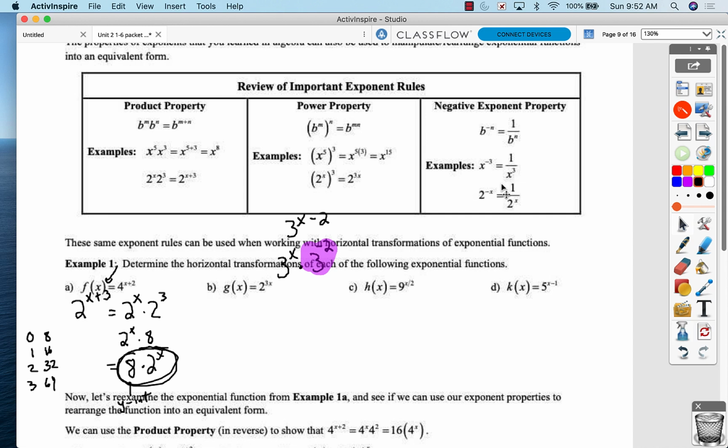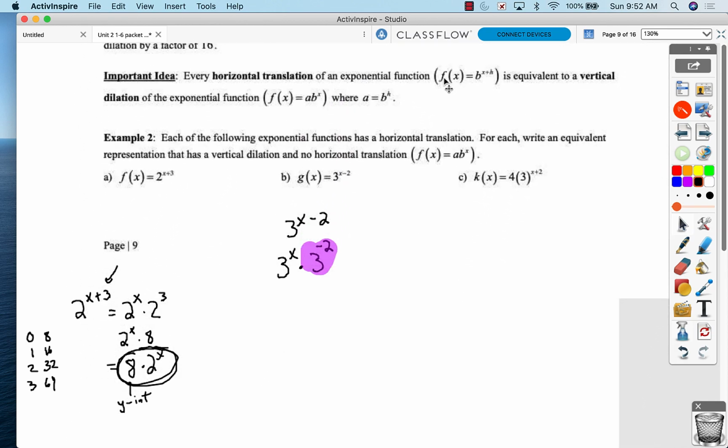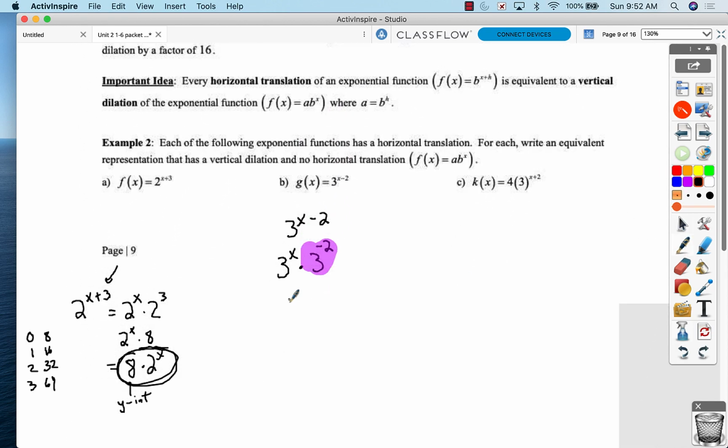Okay, whether it's a number or whether it's a variable. So this is going to be 3 to the x times, this is going to go to the bottom, 3 squared. So that's 3 to the x times 1 over 9. Now we don't like this number being on the right side, so this is going to be equal to 1/9 times 3 to the x, and that's your exponential.